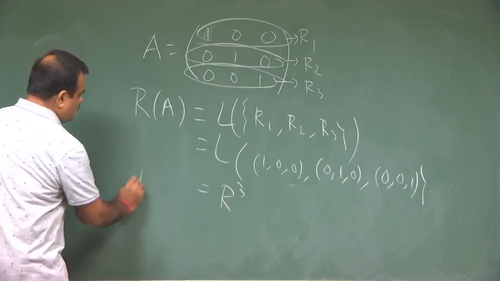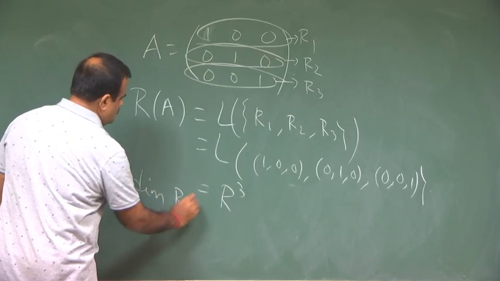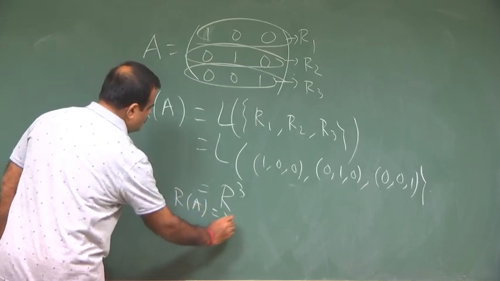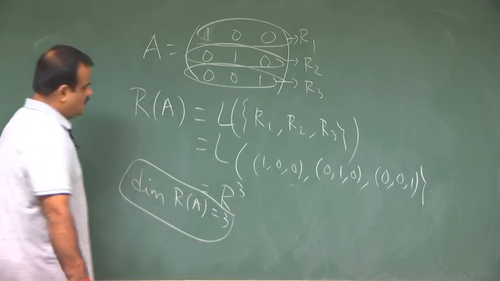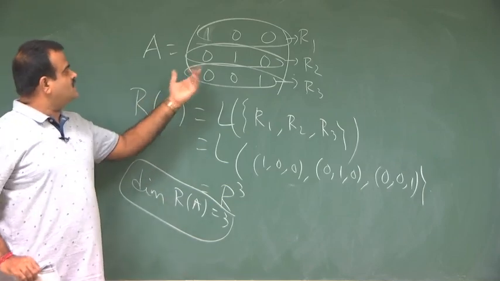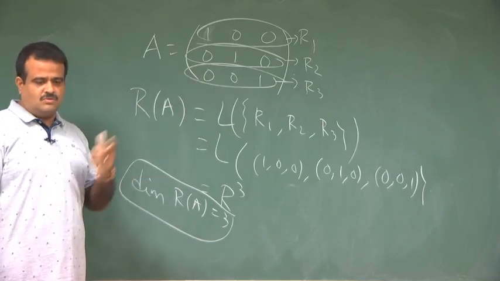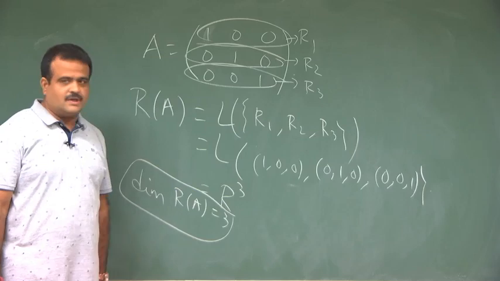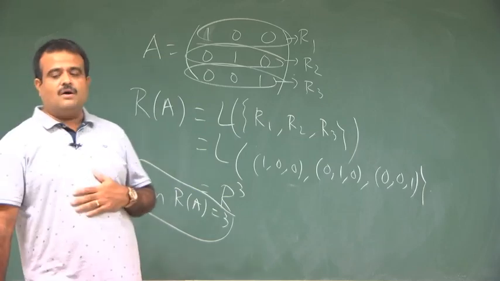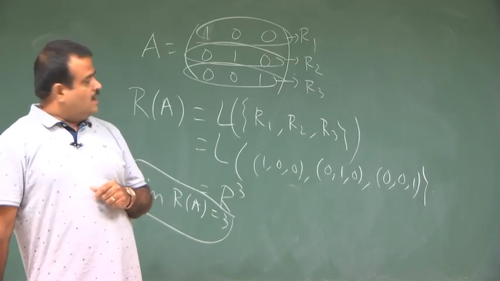So, the dimension of this is 3. Okay. But our matrix is not always an easy matrix. We will take some example where we can show how to get the dimension of this.